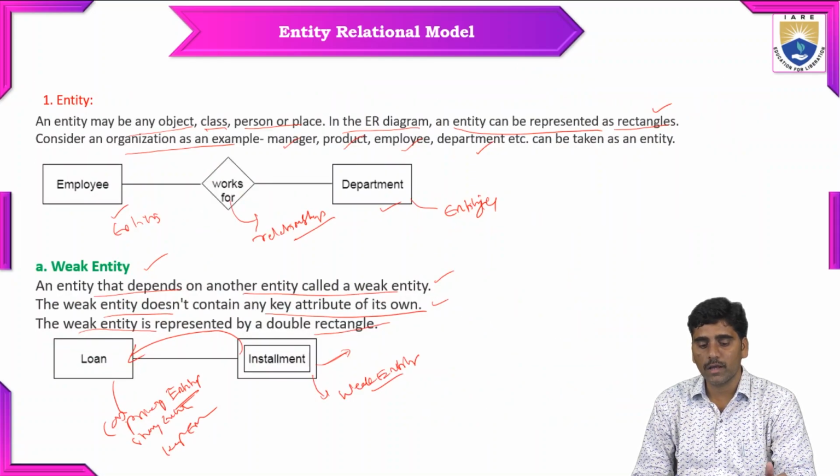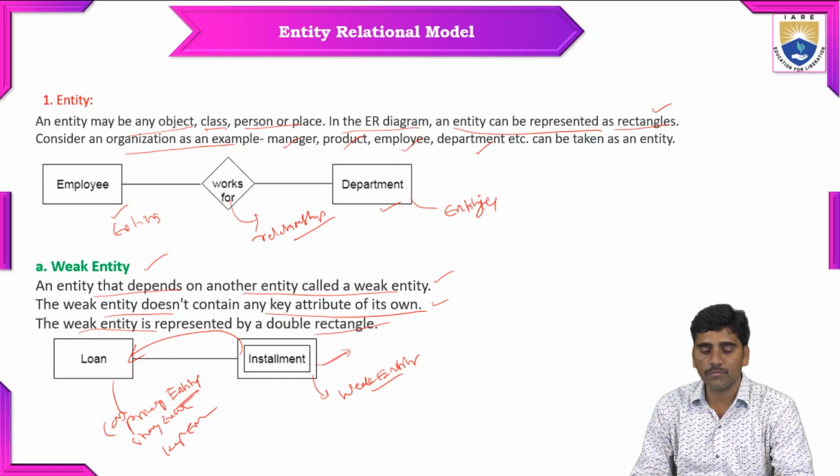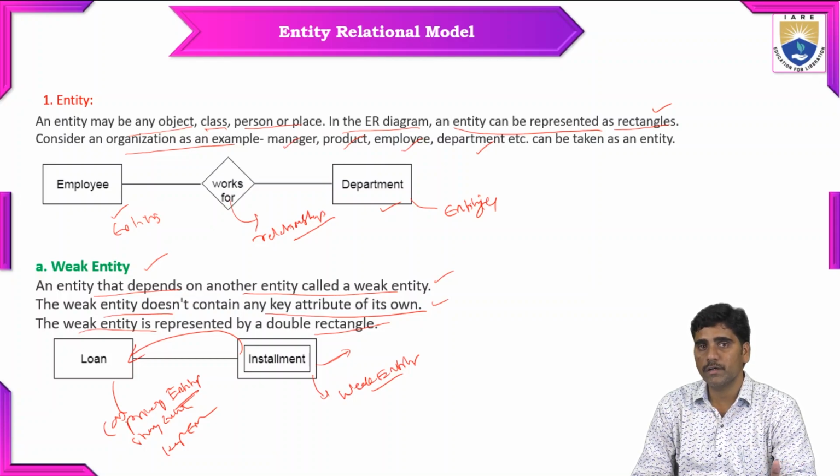A real world class or object which shows the behavior of the attributes, which shows the behavior of the object also. And here there are two types of entities. One is weak entity and the second one is strong entity. So weak entities always depend on the strong entities.